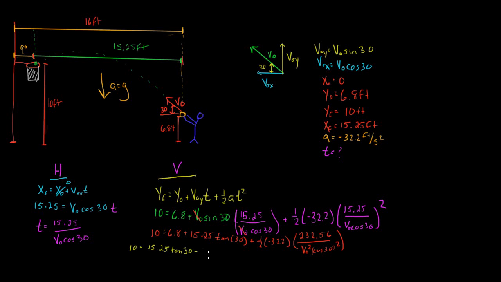Don't forget the 6.8, minus 6.8, is equal to minus 16.1 times 232.56, so it's minus 4,992.3 over v0 squared.